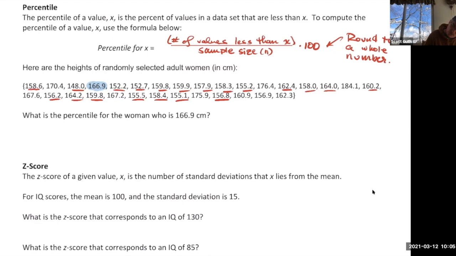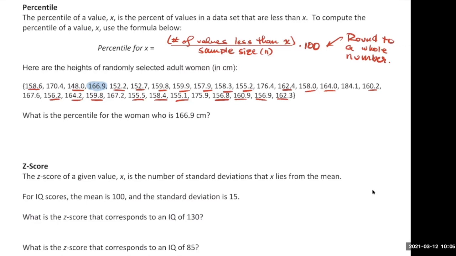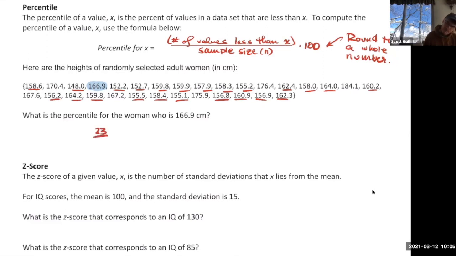So there's a 21, 22, 23. That's what I got. So it's 23 out of, I think it was 30. Yeah, it's out of 30. You just multiply that by 100, and then we'll round off.